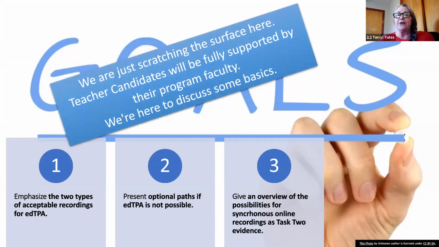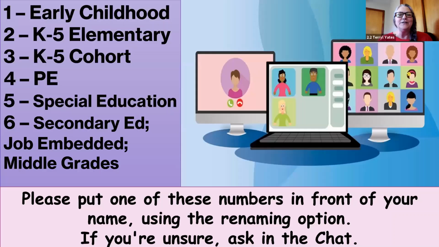We're just really scratching the surface today. Our teacher candidates are going to be fully supported by their program faculty, and we're here today to discuss some basics. You will walk away today with some answers, but you're likely to walk away with more questions too.